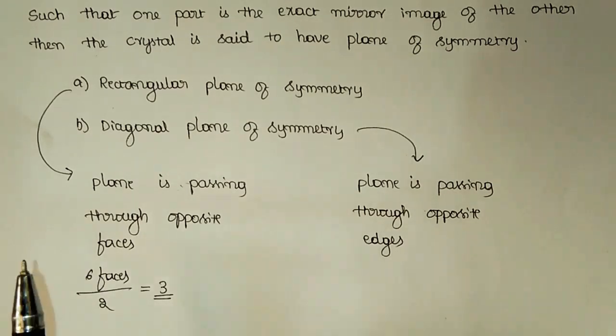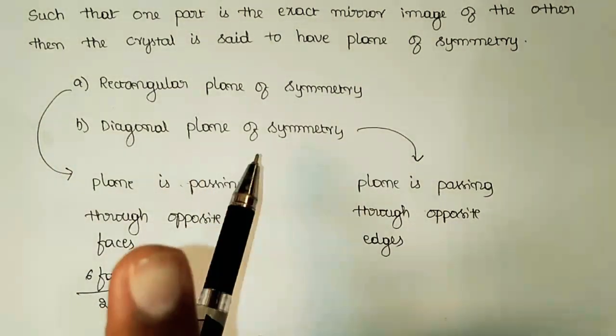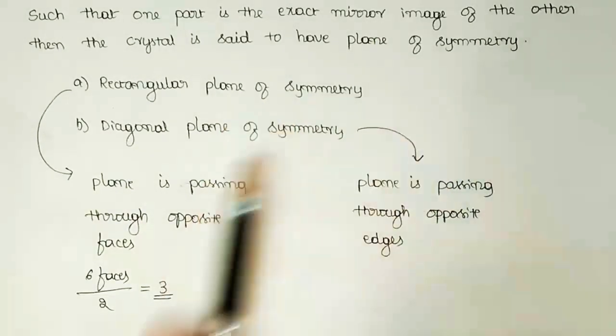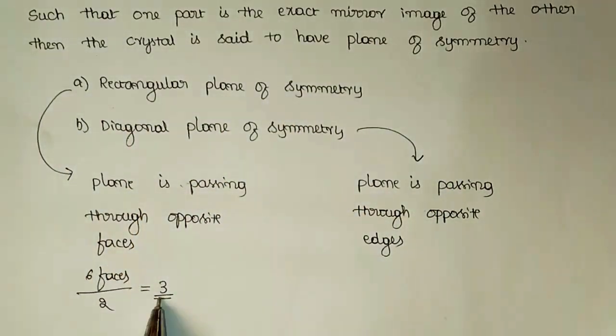So as I told you in the previous element, there is one center of symmetry in each crystal system. So we already said in cubic crystal there is one center of symmetry, and here there are 3 rectangular planes of symmetries because totally we have 6 faces.